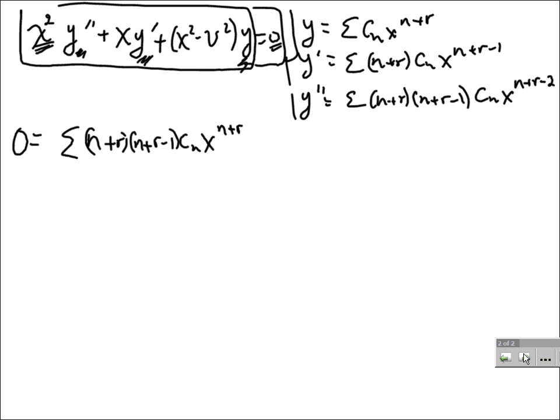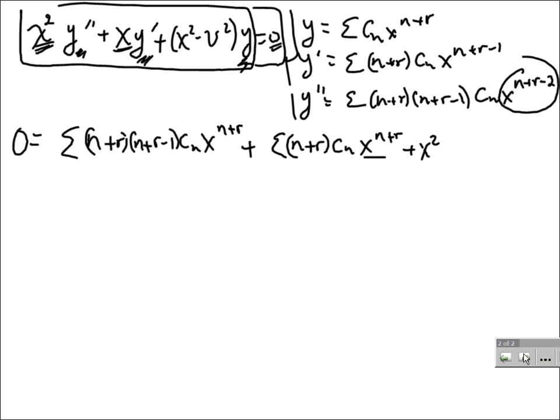But I'm multiplying it by x squared. When you multiply that by x squared, you just get x raised to the n plus r. Now plus y prime, the summation of (n plus r) times c sub n x to the n plus r minus 1. So when you multiply it by x to the 1, you just get x to the n plus r.